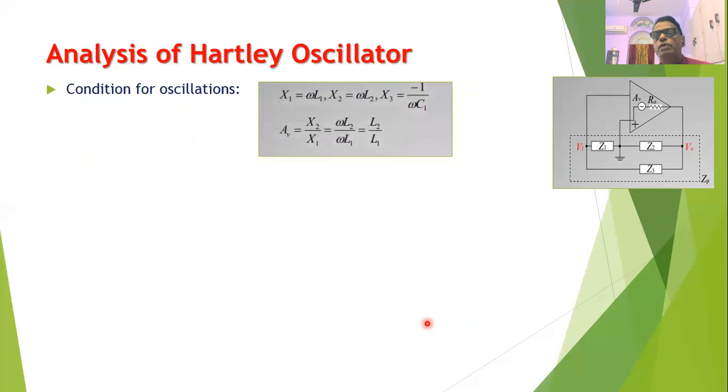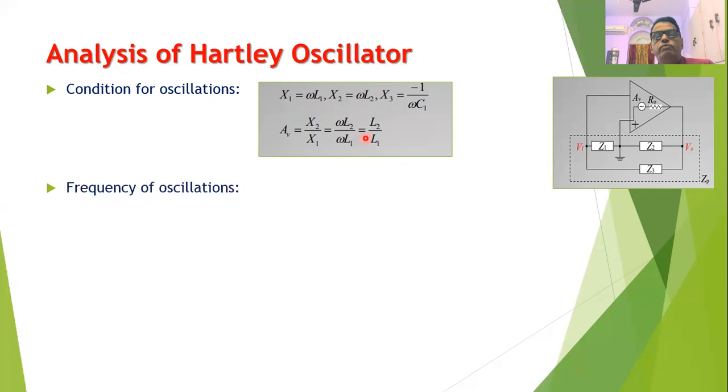That is, we can obtain the condition for oscillation by substituting the values of X1, X2, and X3. X1 is omega L1 because it is the reactance of L1. X2 is omega L2 because it is the reactance of L2. And X3 is minus 1 upon omega C1 because it is the reactance of the capacitor C1. Therefore A_V equal to X2 divided by X1 is omega L2 divided by omega L1, which is L2 divided by L1.